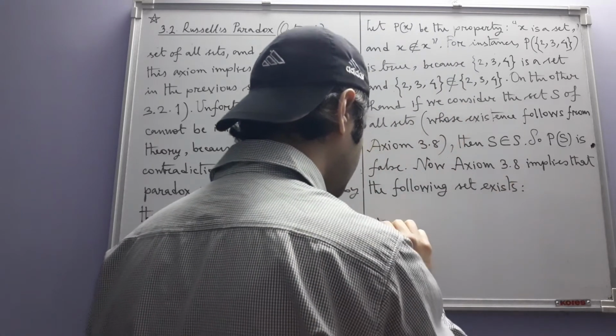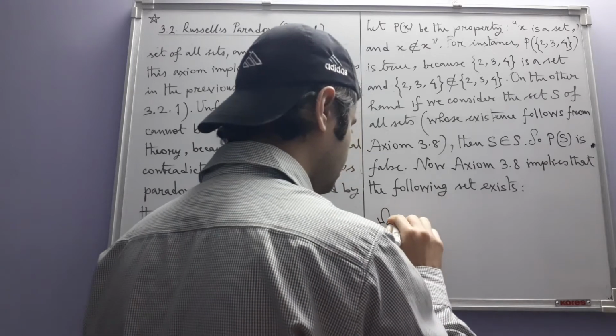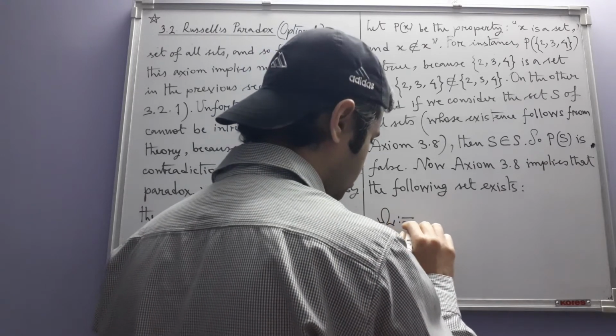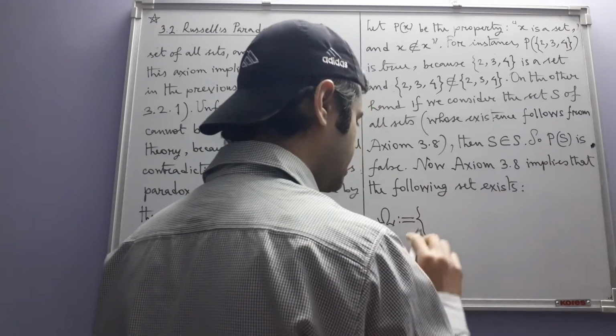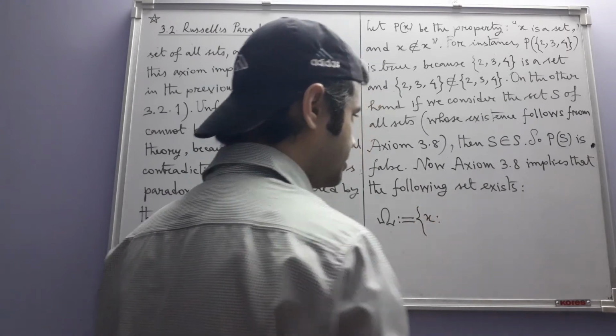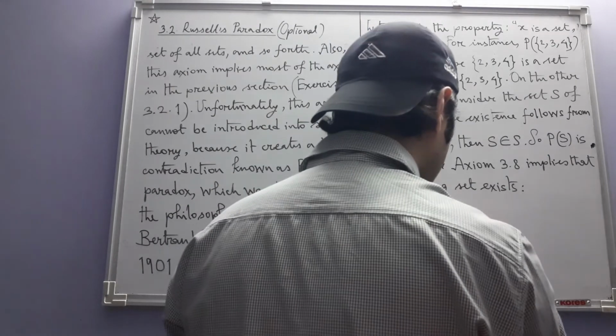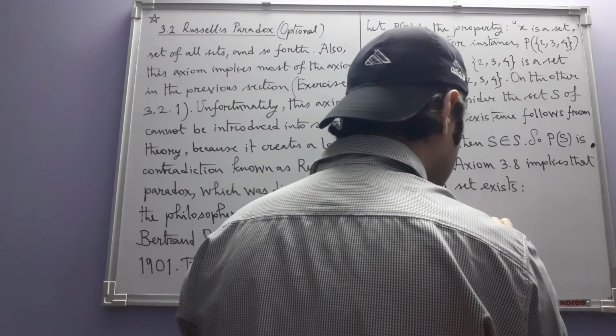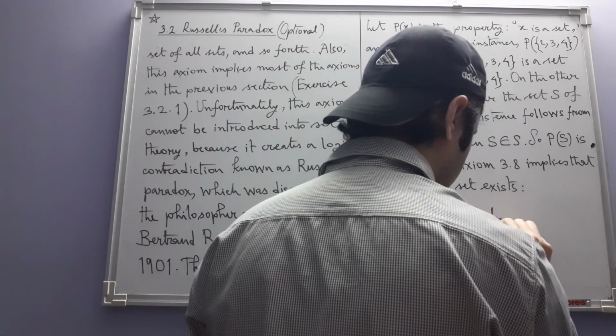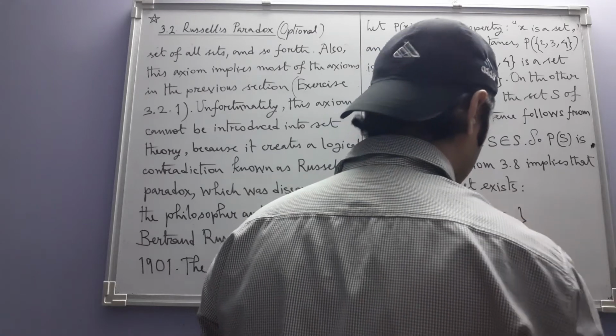What set? Let me denote it by omega. It is the set that is determined by this property, this P(x), such that P(x) is true.